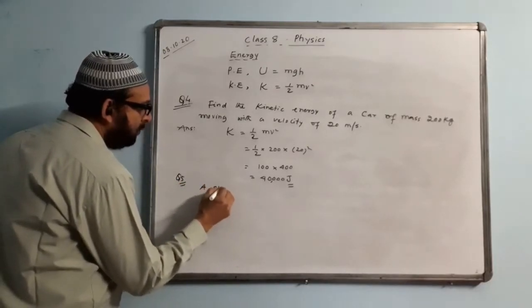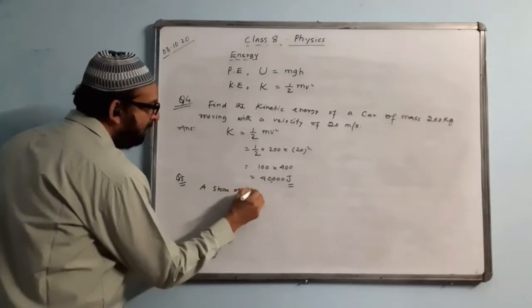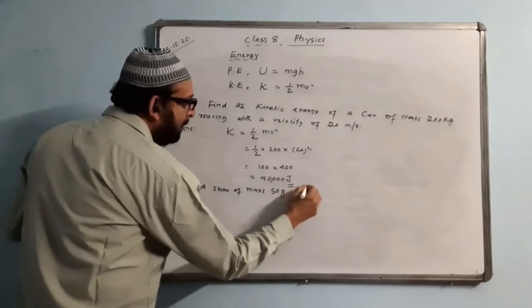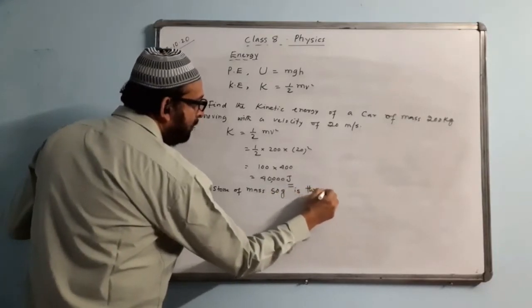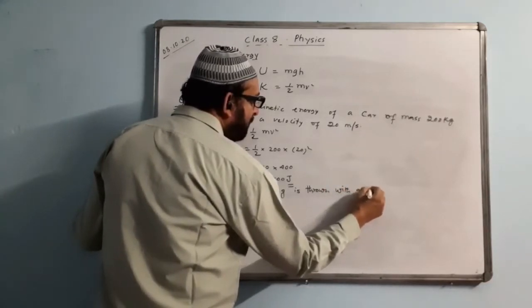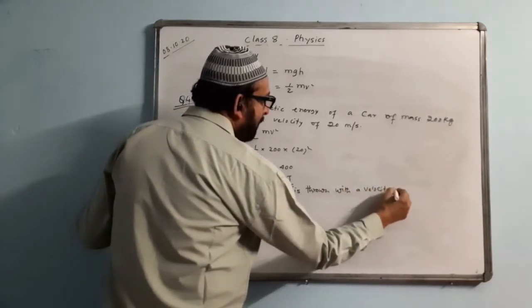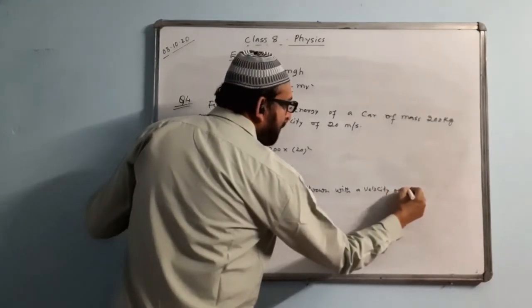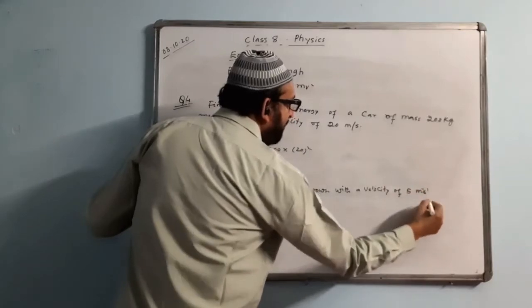A stone of mass 50 gram is thrown with a velocity of 5 meters per second.